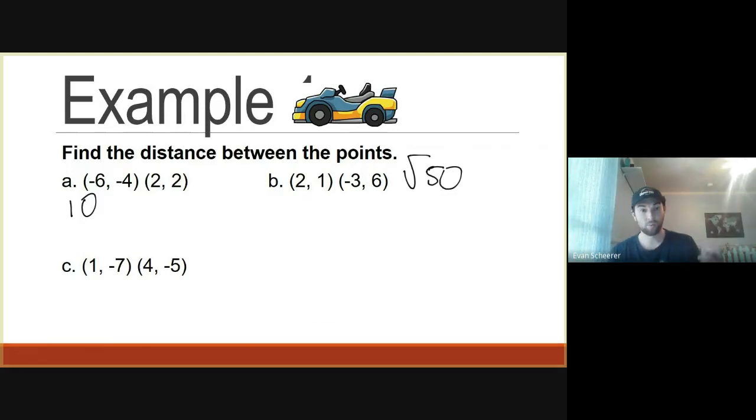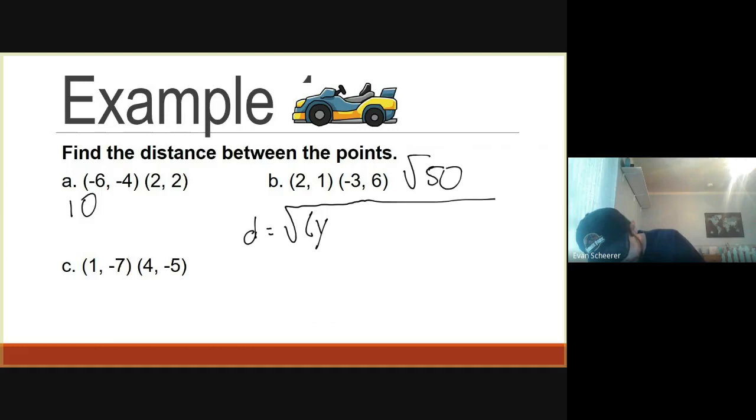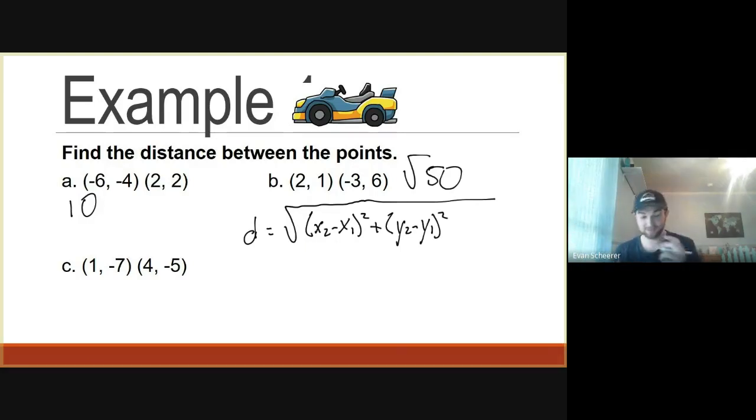Okay, so distance equals square root of y2, or I'm going to do the x's first. Doesn't matter, but x2 minus x1 squared plus y2 minus y1 squared, right? The difference in the x values, difference in the y values.